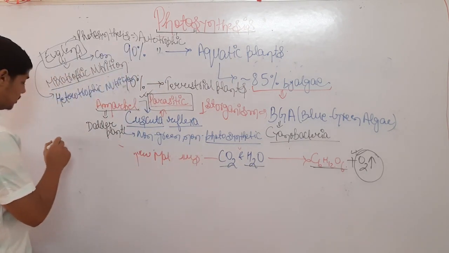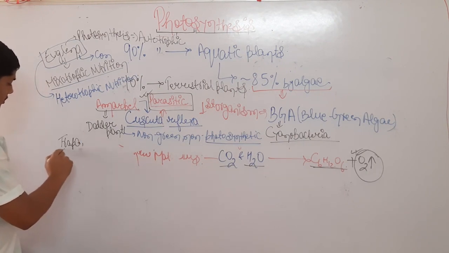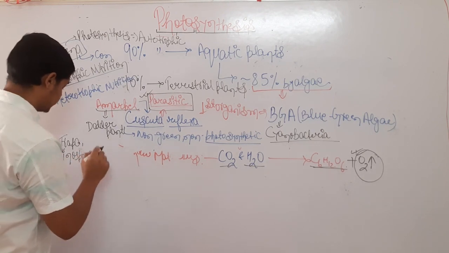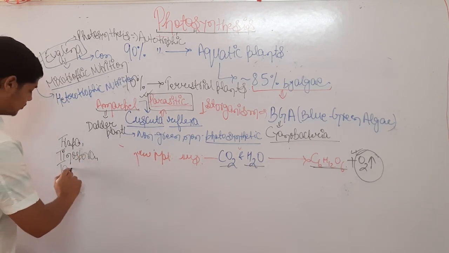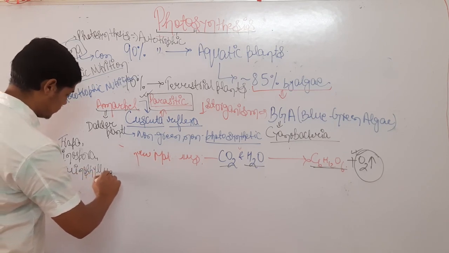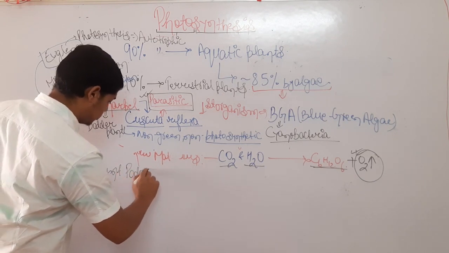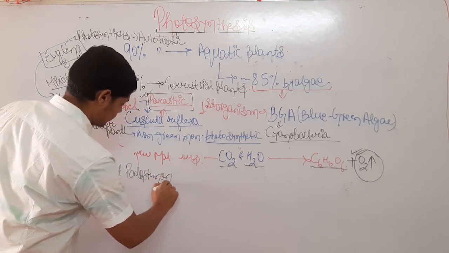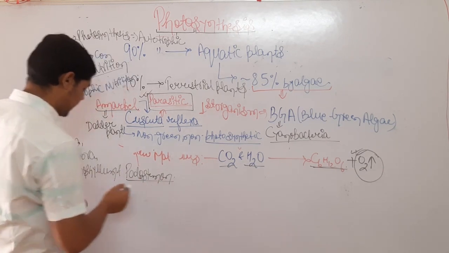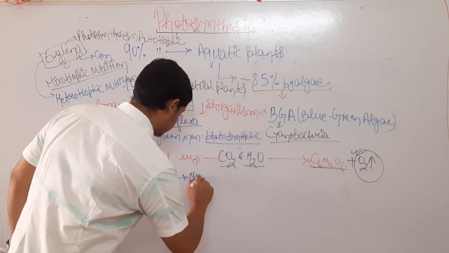Examples: Trapa, Tinospora, Taeniophyllum and Podostemon have photosynthetic roots.